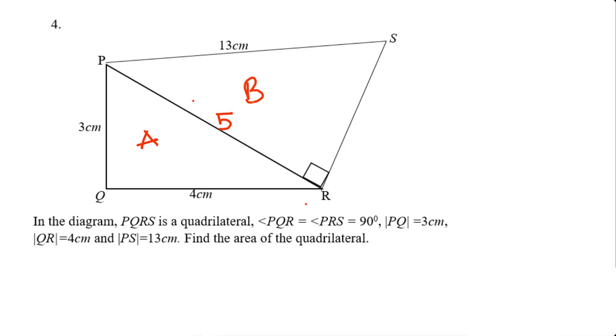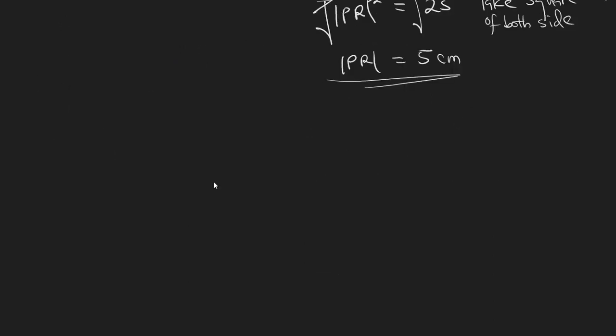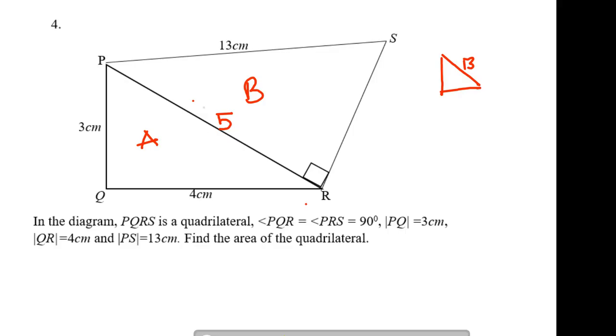So now let's calculate its base, so that we'll be able to calculate the area of the triangle. So let's calculate the base of triangle B. So this is triangle B. And remember that for triangle B, we've calculated the height to be what? 5 centimeters, right? So if the height is 5 centimeters, that will be the adjacent, and this is the hypotenuse.